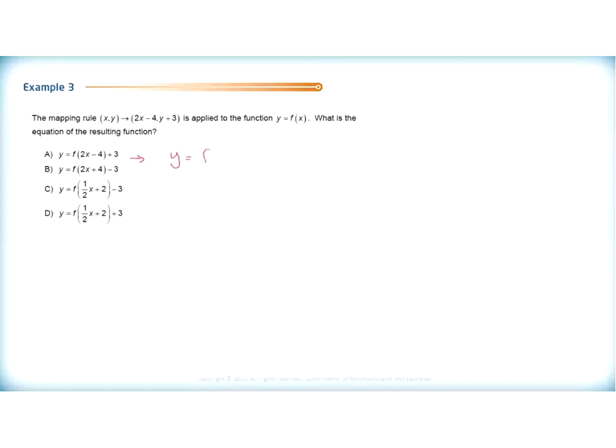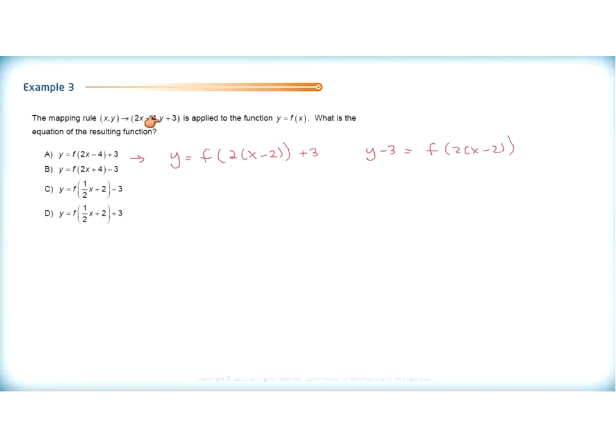And I would have y equals f of 2 outside of x subtract 2 bracket plus 3. If you want to write the transformational form, it would be y subtract 3 equals f of 2 outside of x subtract 2.